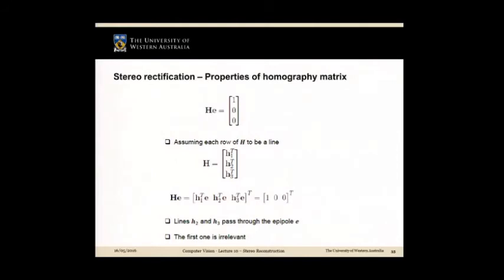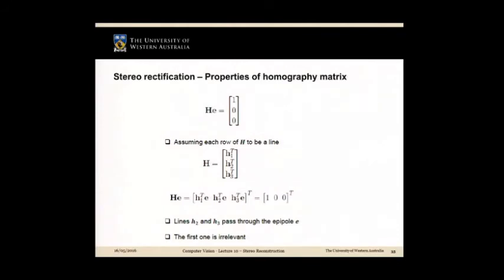Again, this is homogeneous coordinates. So you multiply your epipole with the homography matrix, you should get 1, 0, 0 in your homogeneous coordinates, because when you translate it back to your inhomogeneous coordinates, you will get a point at infinity, right? Because you divide it by 0. Now, assuming each row of H to be a line, so H1 transpose is a line, H2 transpose is a line, H3 transpose is a line.